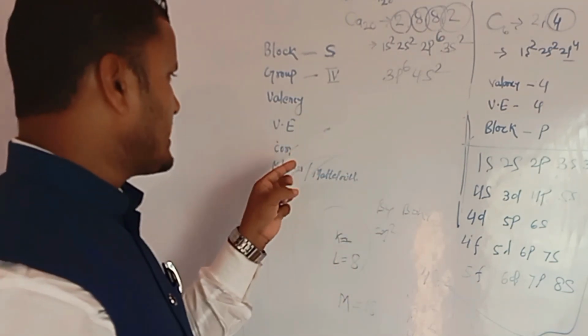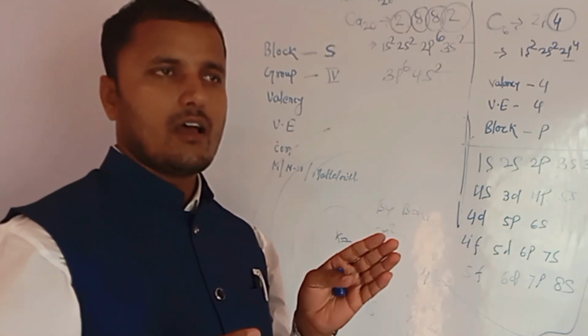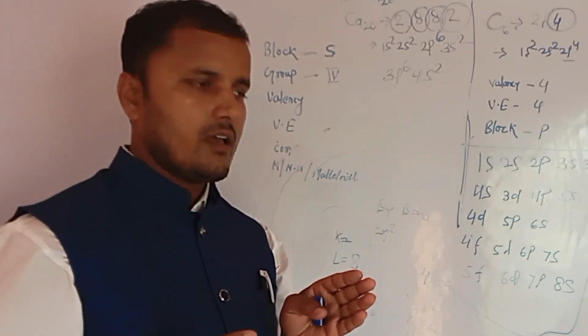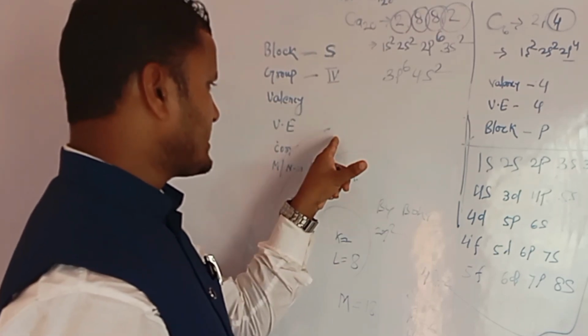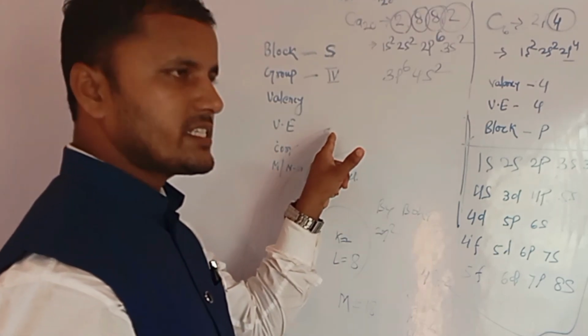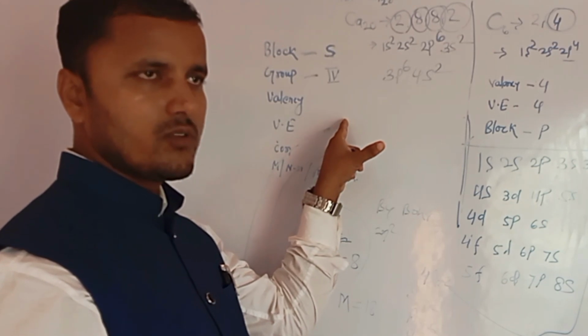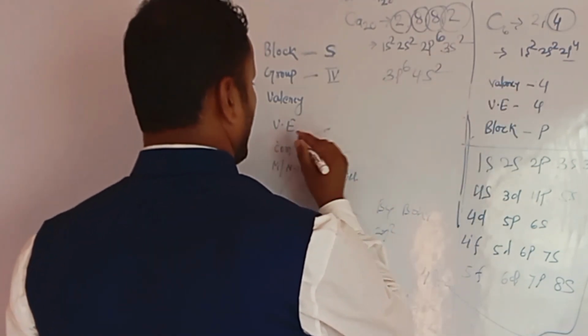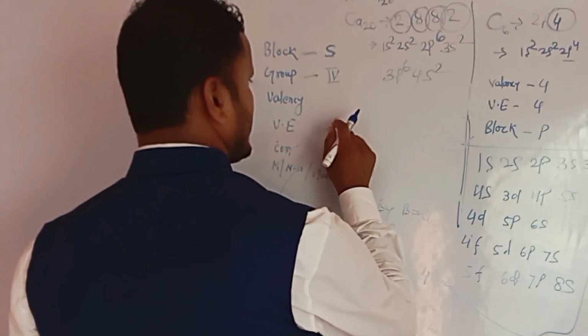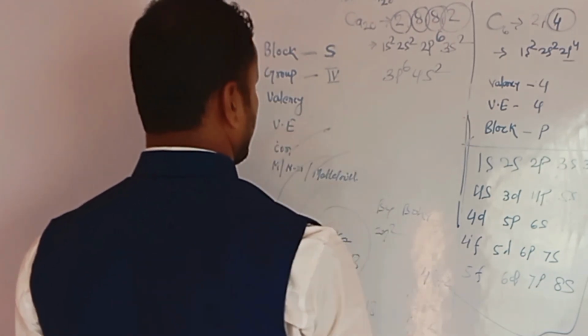Valency and valence electron have a vice versa relation. When valency is 2, then valence electron is 6. When valence electron is 6, then valency is 2.